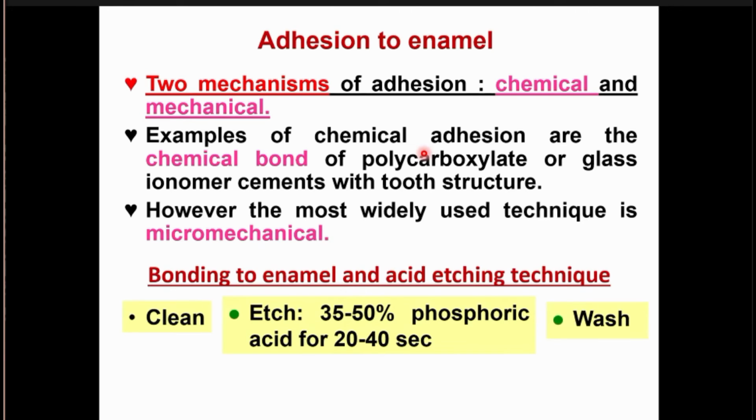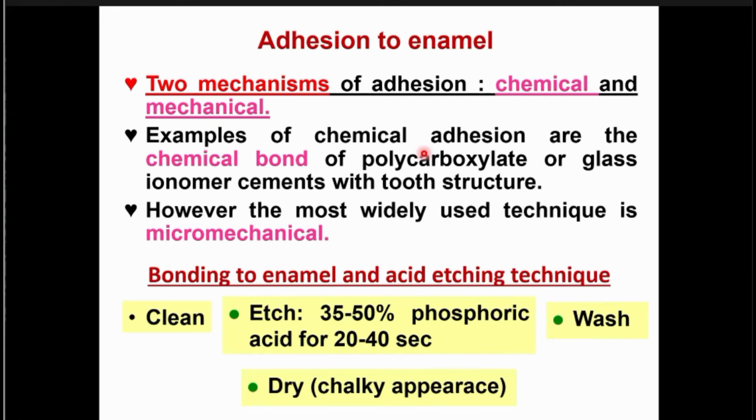This is called acid etching, because we apply acid that will remove any remaining smear layer, any remaining bacteria, increase surface energy also, and give us micropores. Acid produces micropores on the surface for better retention or better adhesion.